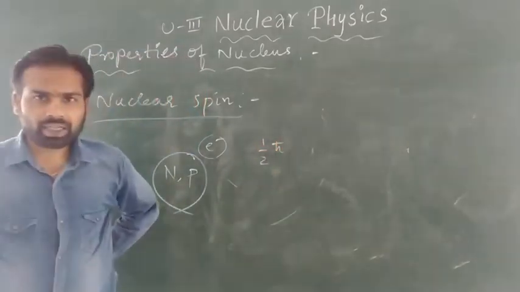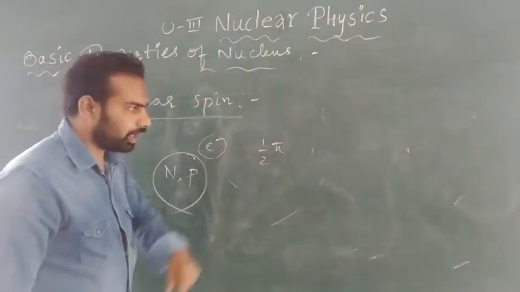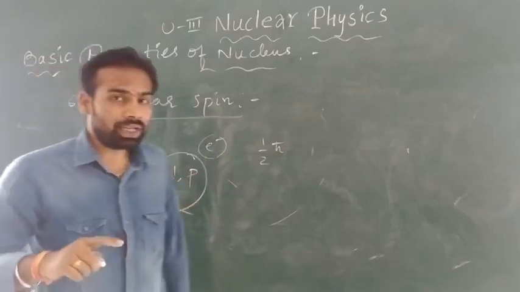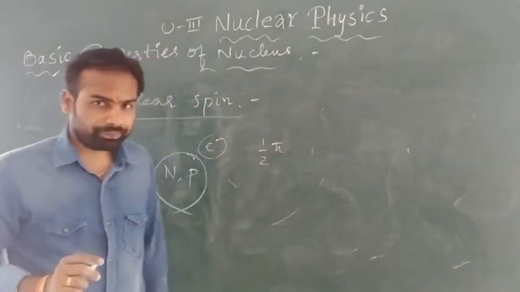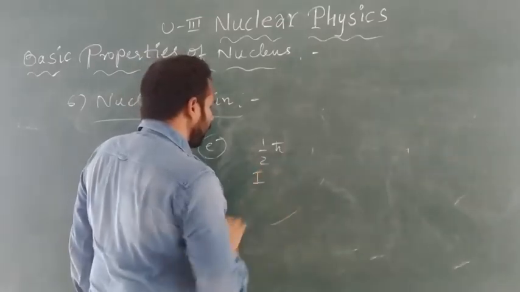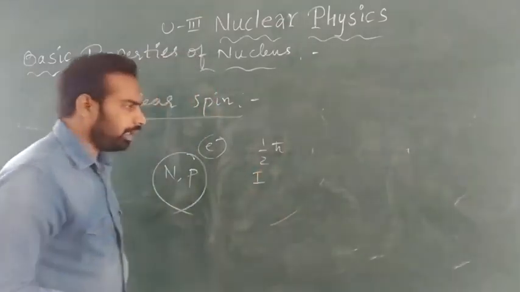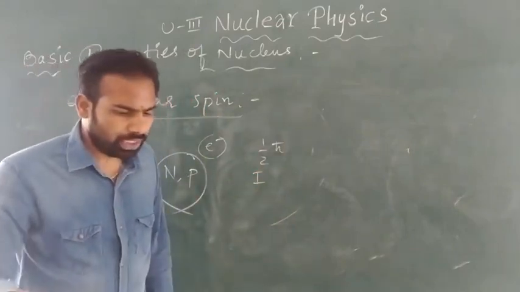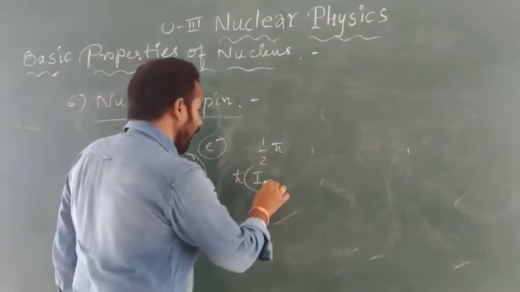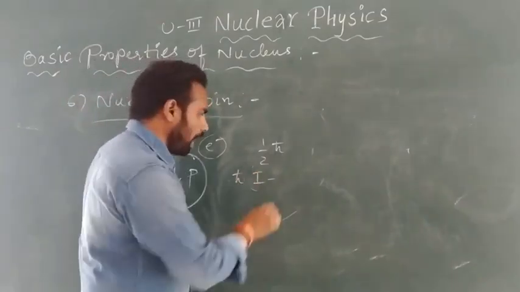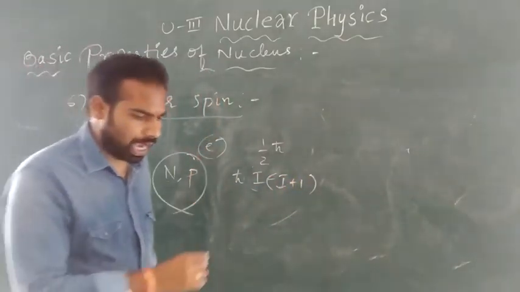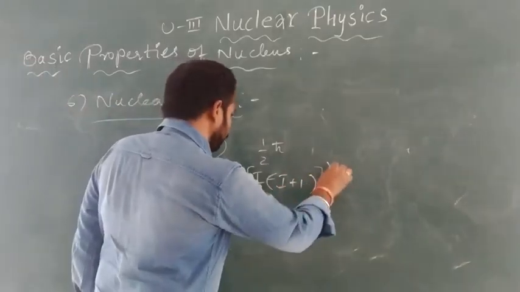The intrinsic quantum number is half h bar, and it also has orbital angular momentum. The total orbital angular momentum is given by I. It will be represented by h bar into the square root of I into I plus 1, that is, h bar into I into I plus 1 whole power 1 by 2.